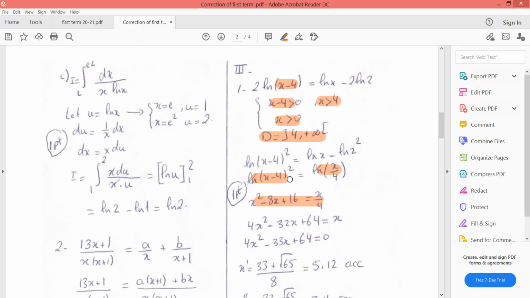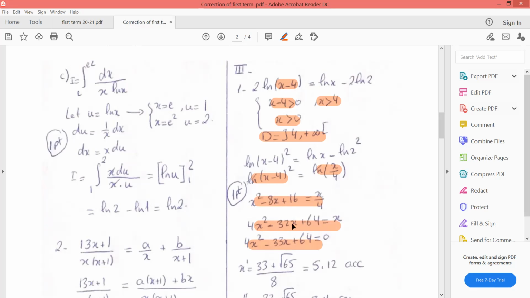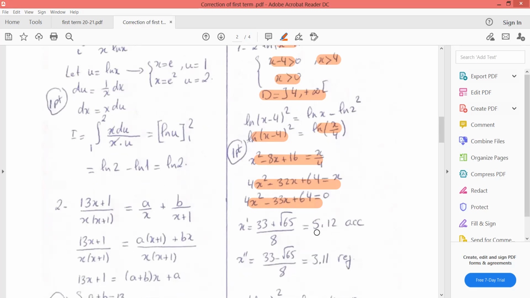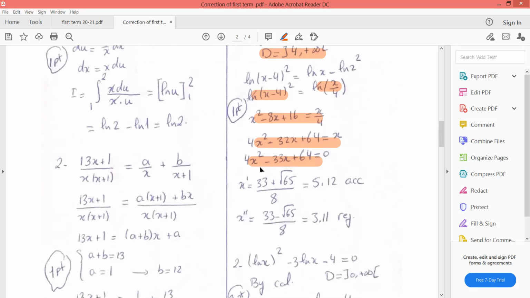We cross multiply, we get 4x squared minus 32x plus 64 equal x. We take x to the left side, it becomes minus x, so we have 4x squared minus 33x plus 64. Second degree equation, so we solve it by using the calculator.